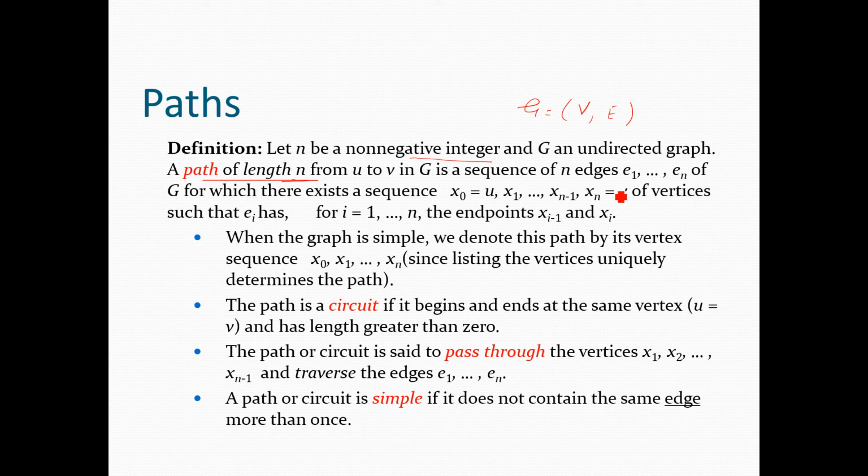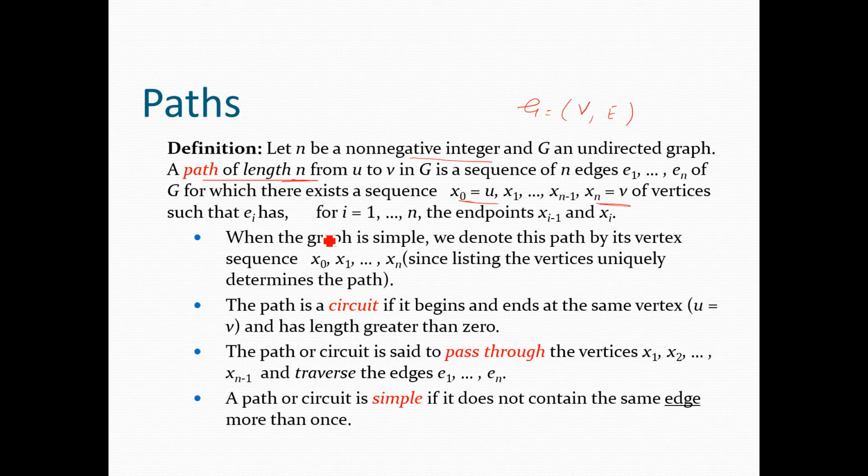The number of edges used in the path is the length of the path of G, for which there exists a sequence x0 = u, x1, ..., xn-1, xn = v. So this is the starting vertex of the path, and this is the terminal vertex of the path.